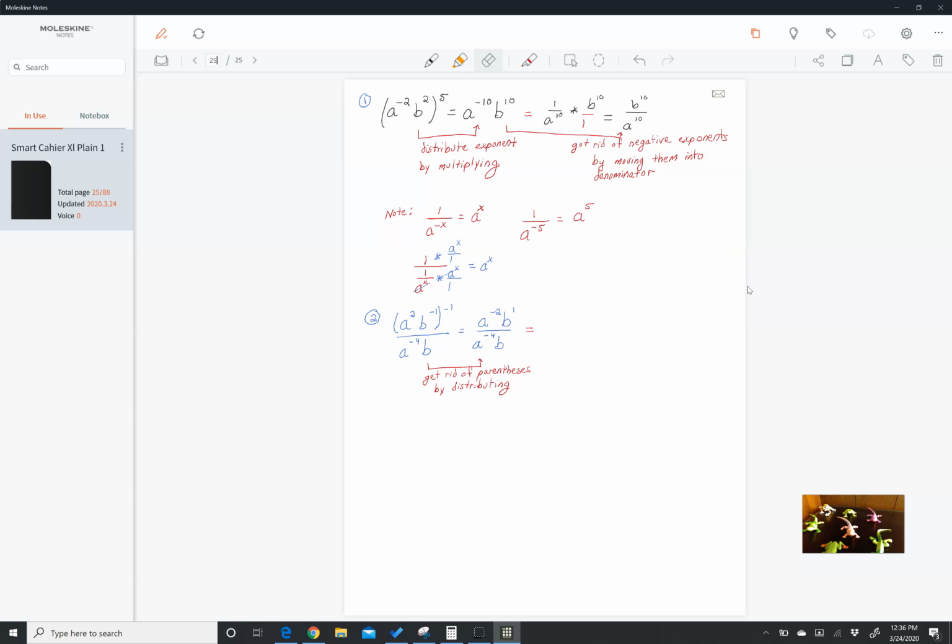So negative 2 minus negative 4 is negative 2 plus 4, or a to the first. And then we get b to the 0. So our b's are actually just canceling out here. Okay, I'm going to put that in blue so that you see that it's the same problem.